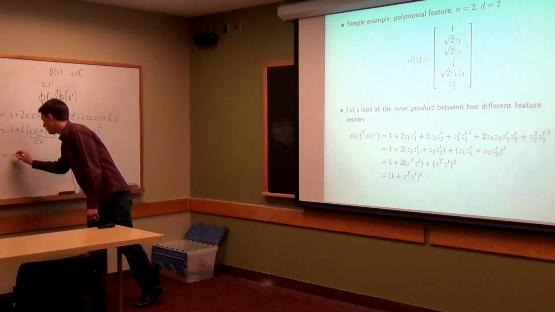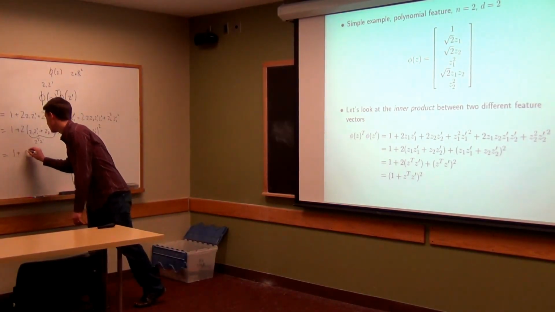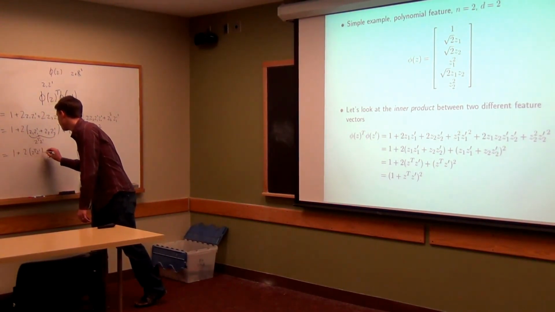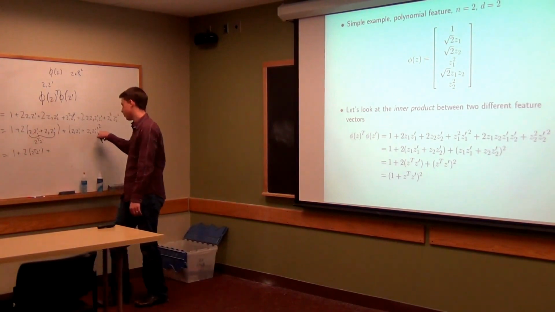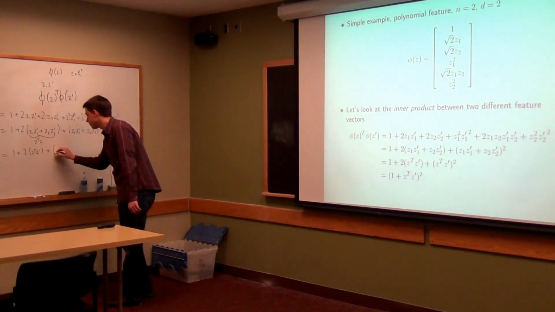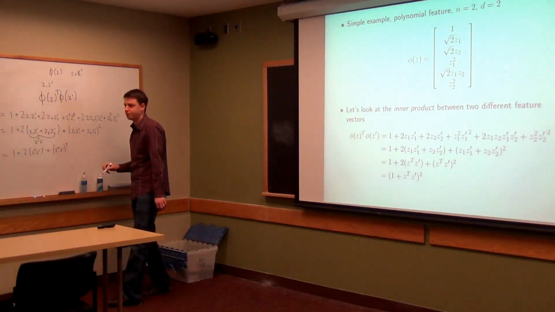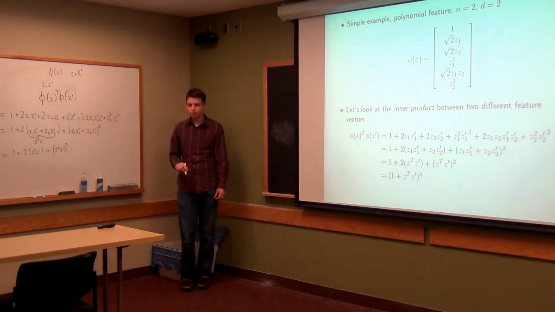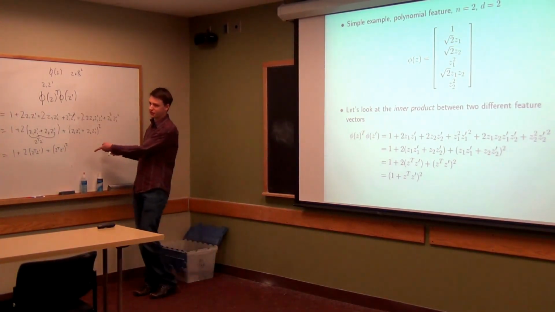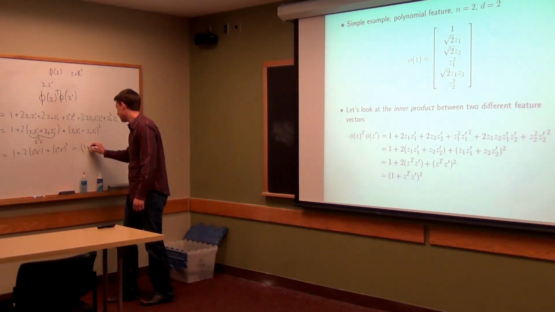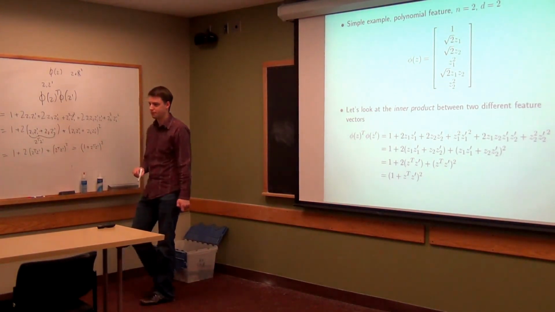We can write this as 1 plus 2 z transpose z prime plus, this term's the same here, just squared, z transpose z prime squared, which is also a square term. That just equals 1 plus z transpose z prime all squared.